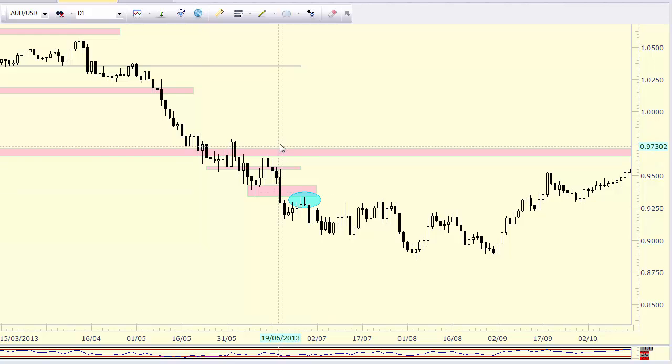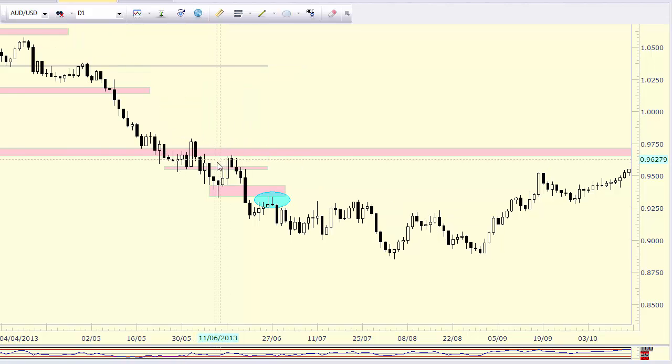I don't want to go into too much detail, but a combination of dojis, spinning tops, very narrow candlestick formations, they're also an excellent area to consider for a level to be defined at. So that is also something creating strength in this sell-off from here.